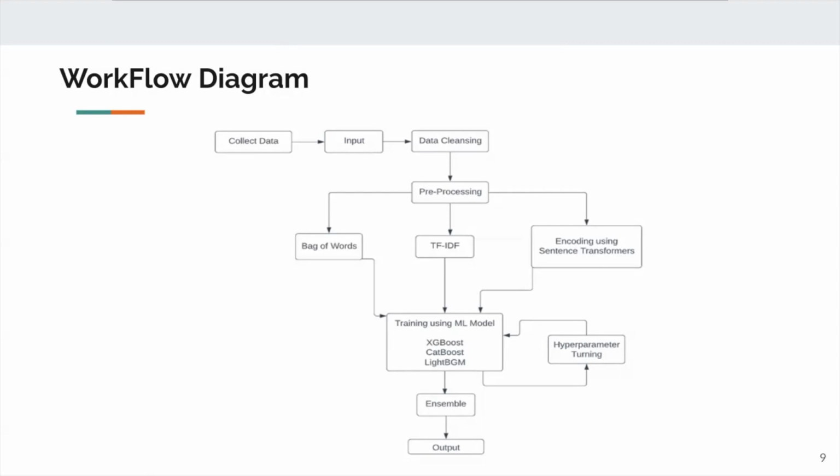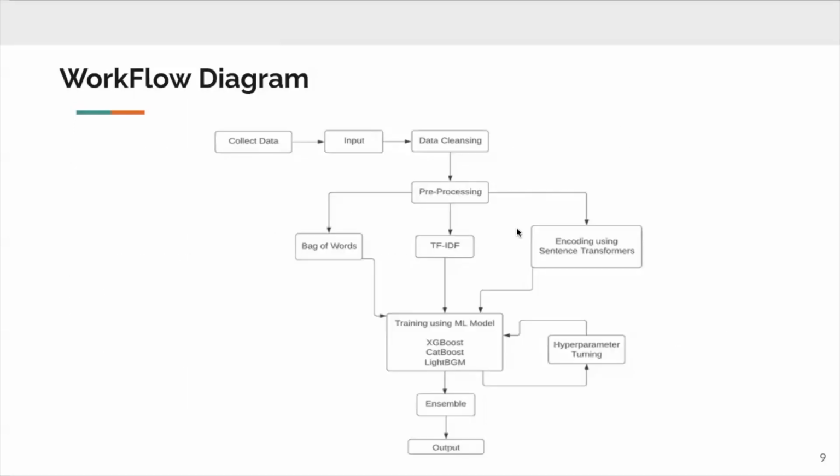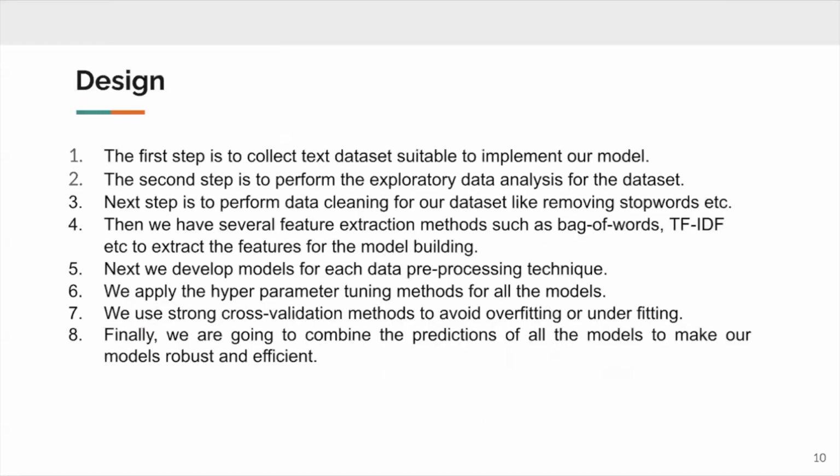Then we have feature extraction methods such as bag of words and TF-IDF to extract the features for model building. Next, we develop models for each of them, and then apply hyperparameter tuning for all the models. We also use strong cross-validation methods to avoid underfitting as well as overfitting. Then in this stage, we combine all the predictions to make our model robust and efficient.